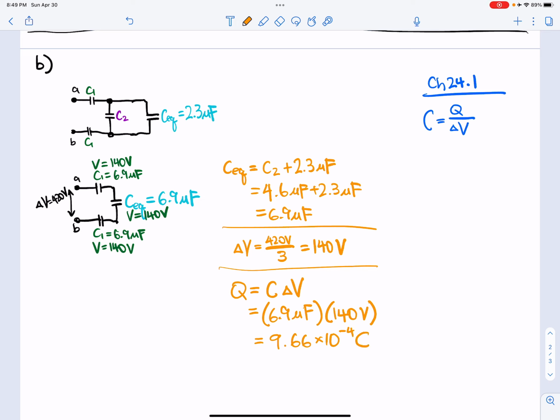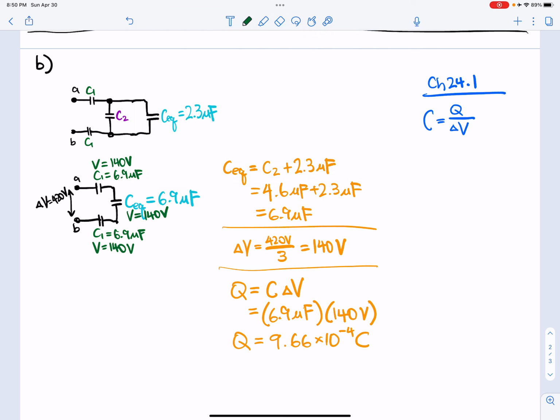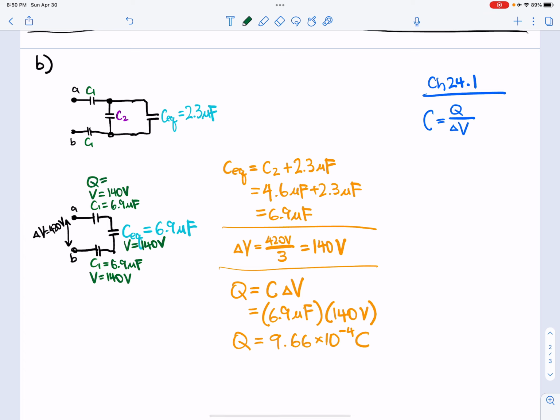Okay, so that is Q on each capacitor. And I'll write that down with green. Let me move that down a little bit. So Q here is equal to 9.66 times 10 to the negative 4 coulombs, and the same for the other two capacitors.